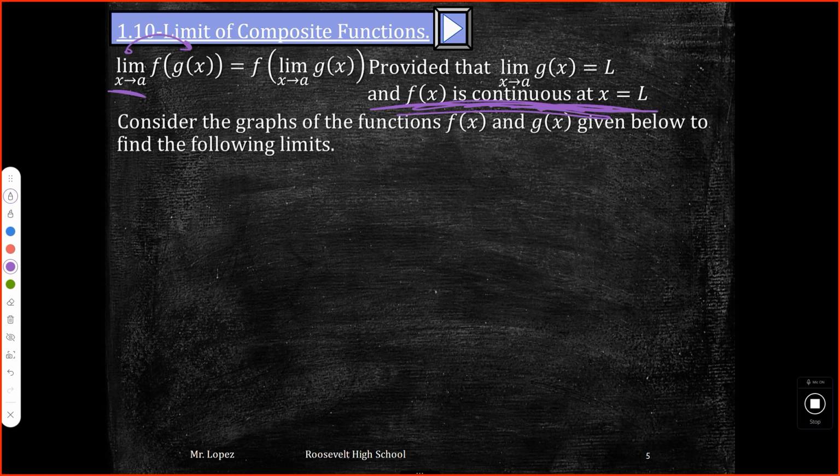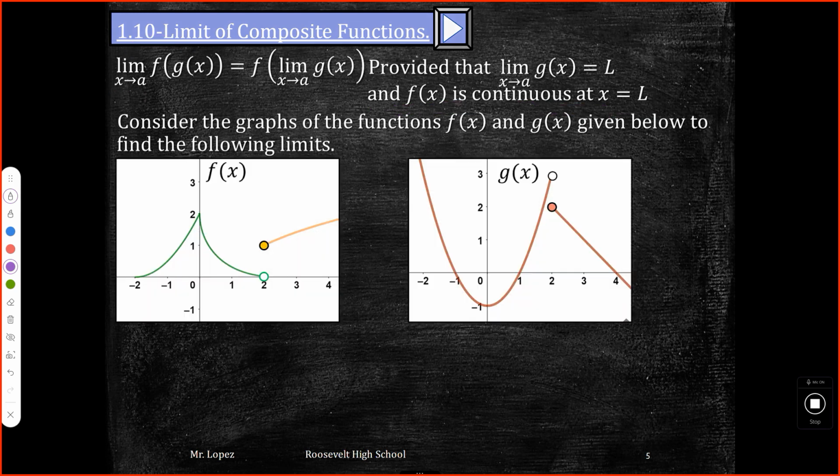So let's do one. Consider the graphs of the functions f of x and g of x given below to find the following limits. Let's evaluate problem 6. The limit as x approaches 1 of f of g of x.